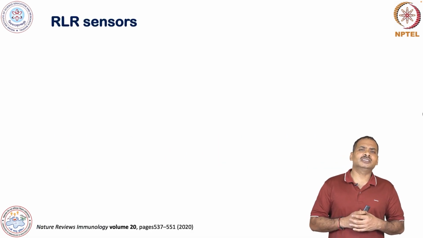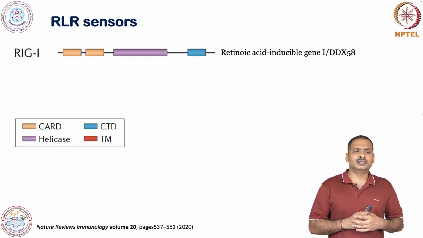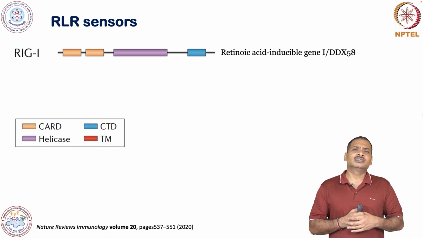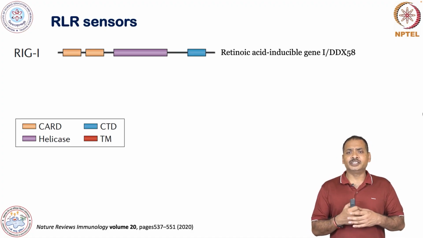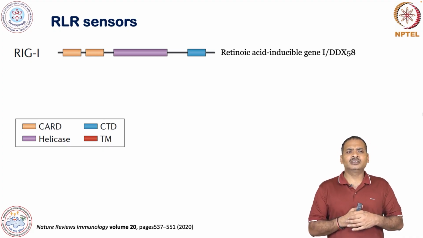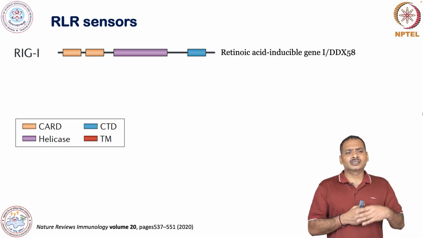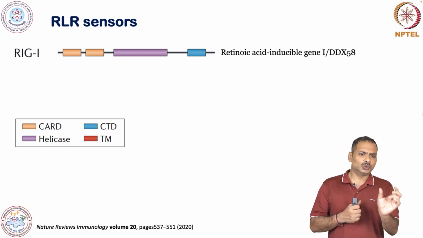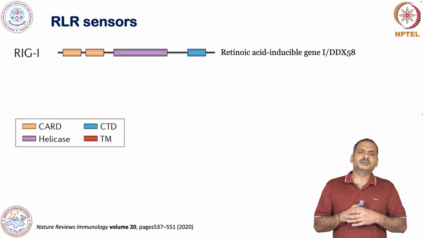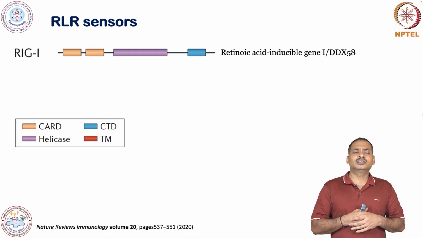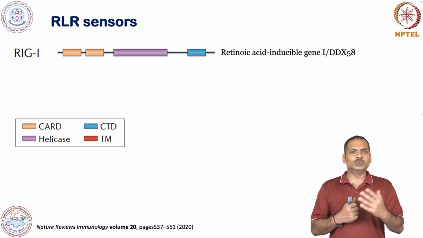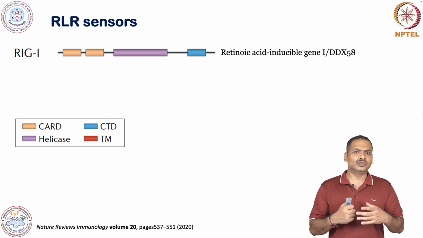So here you can see there is RIG-I, which I have discussed. RIG-I is basically retinoic acid induced gene 1, and if you see this protein, it has a CARD. There are two domains which we call CARD. So CARD stands for, I have seen in the literature, people have two kinds of full form.